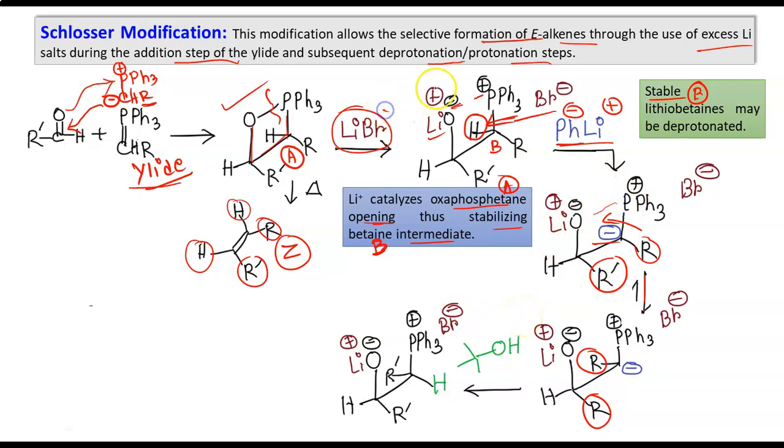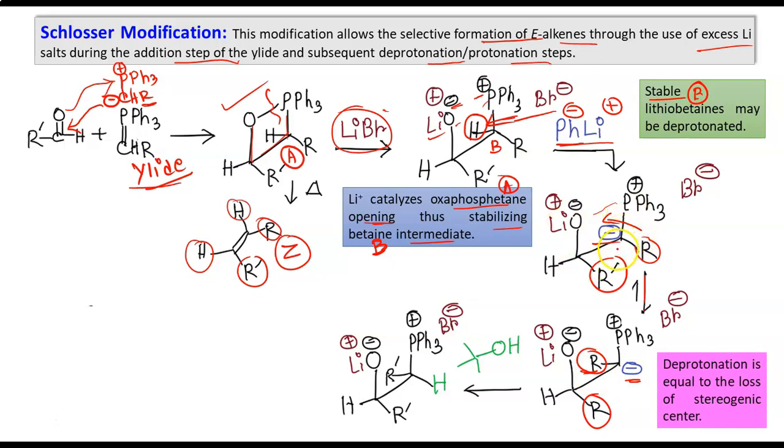So LiBr is helping us to open this OP bond and to increase the stability of betaine, where O is carrying negative charge and phosphorus is carrying positive charge. Now after rotation, when the R groups are on opposite sides, the negative charge will be on this side. So this deprotonation is actually the loss of the stereogenic center, right?